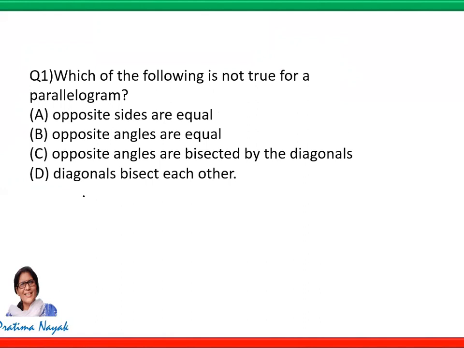Fourth, let us see what is fourth. Diagonals bisect each other. This is also true. So which one is not true? Opposite angles are bisected by the diagonals. It is not true. So this is the answer of this question, because all the others are true.